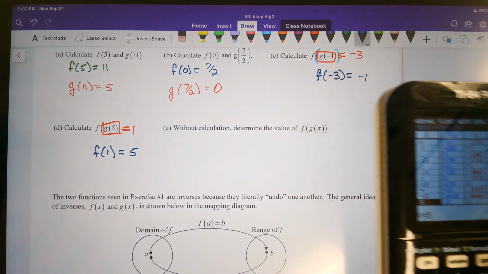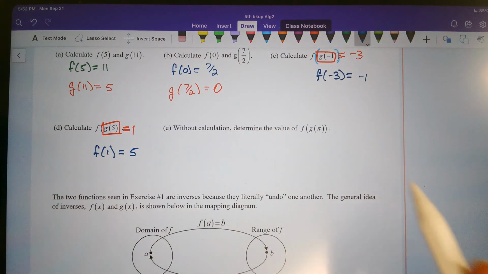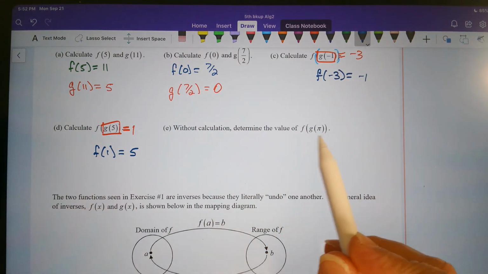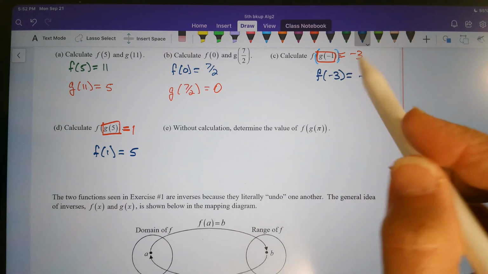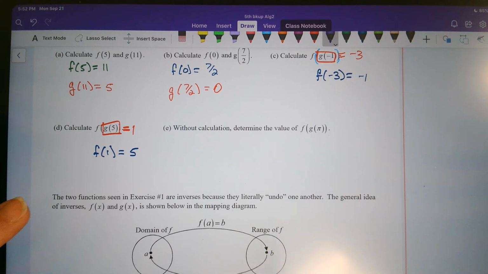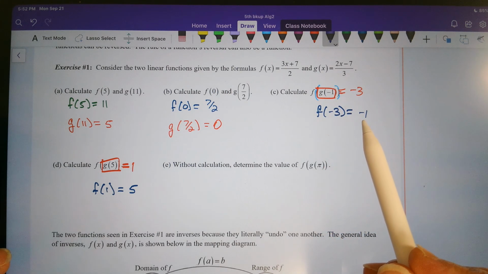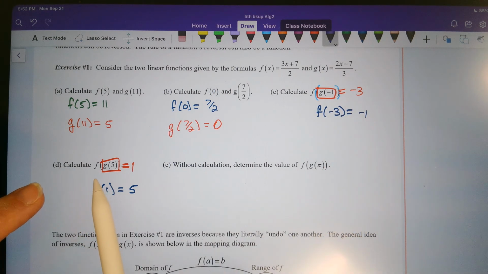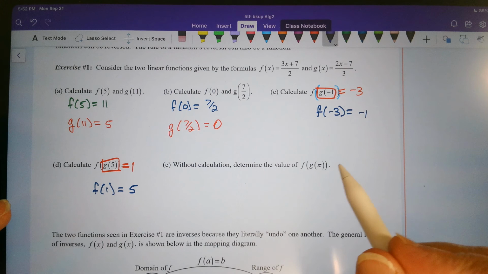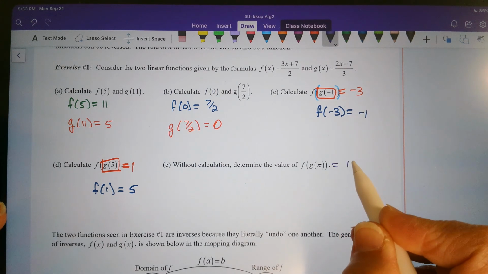So now, without a calculator, what do you think f of g of pi is going to equal? Go back here, f of g of -1 was equal to -1. In D, f of g of 5 was equal to 5. And now here in E, f of g of pi is going to equal pi.